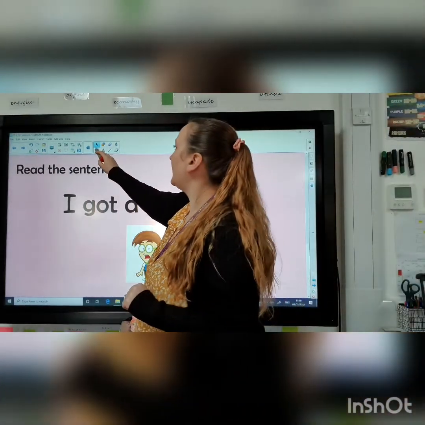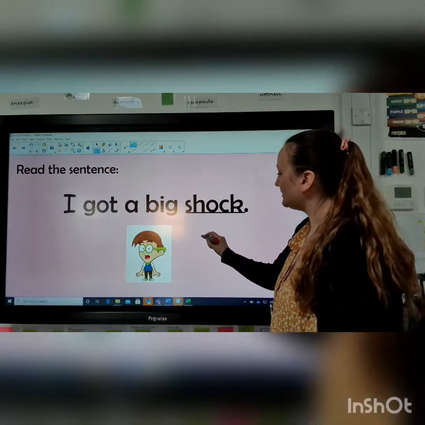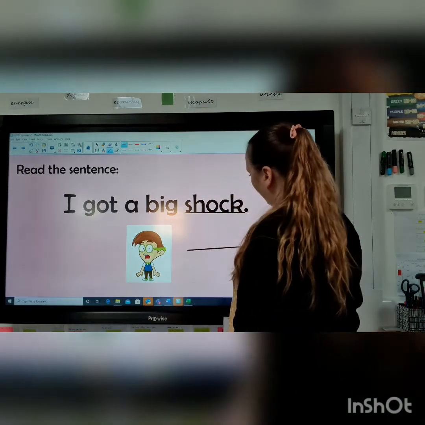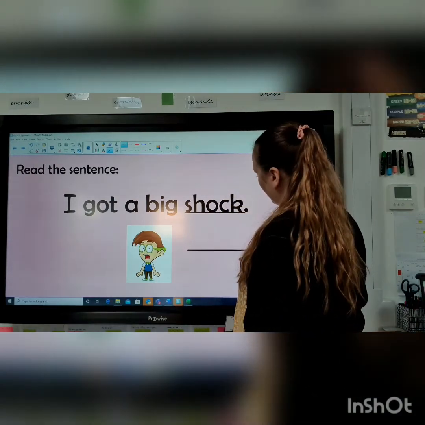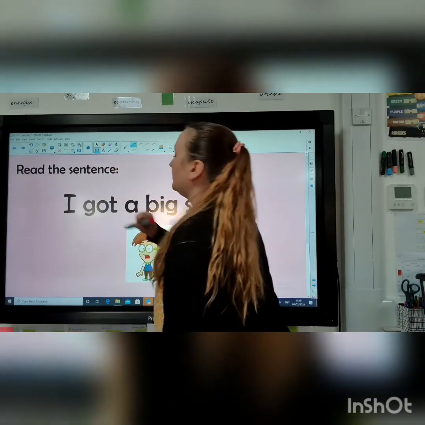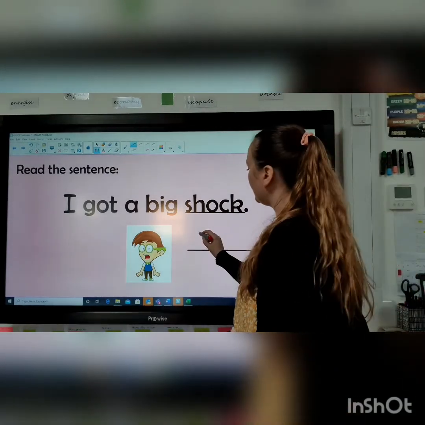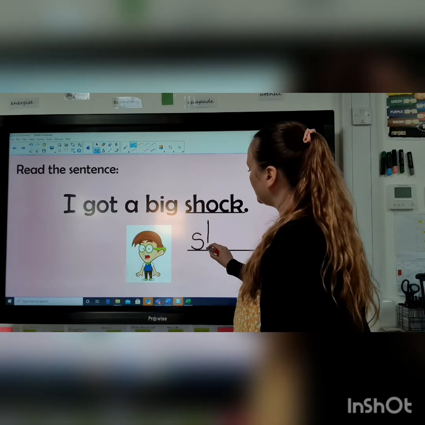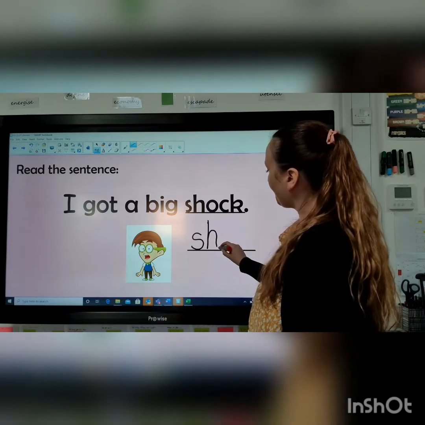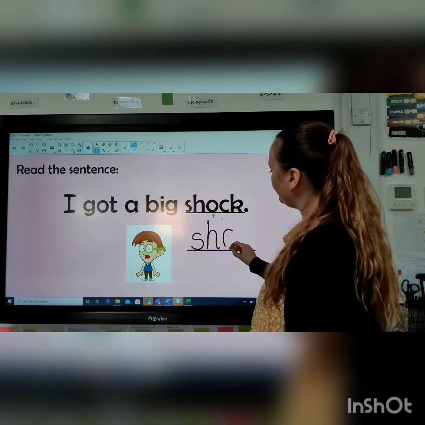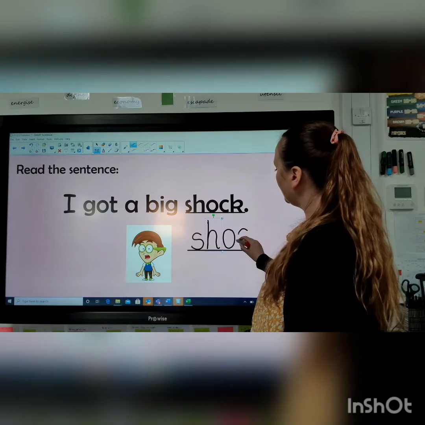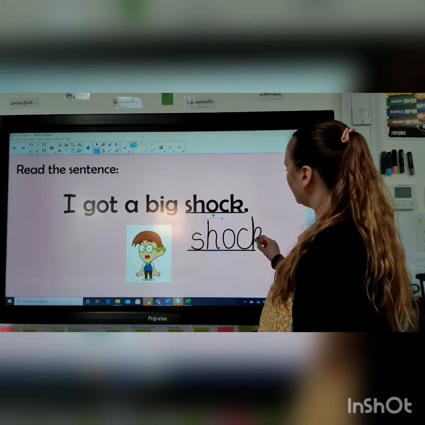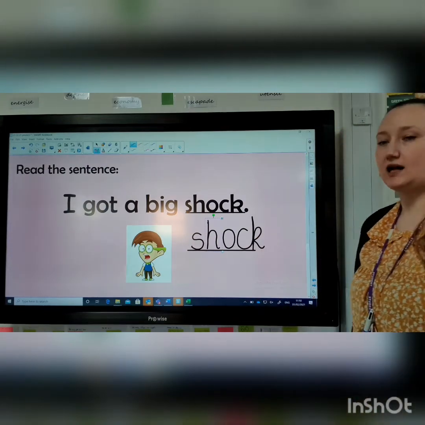Okay, I'm going to show you again how we're going to write it. We need another line, don't we? Always have to make sure that we're writing on the line, so our graphemes look nice and straight. Shock. That's the word I would like you to write.